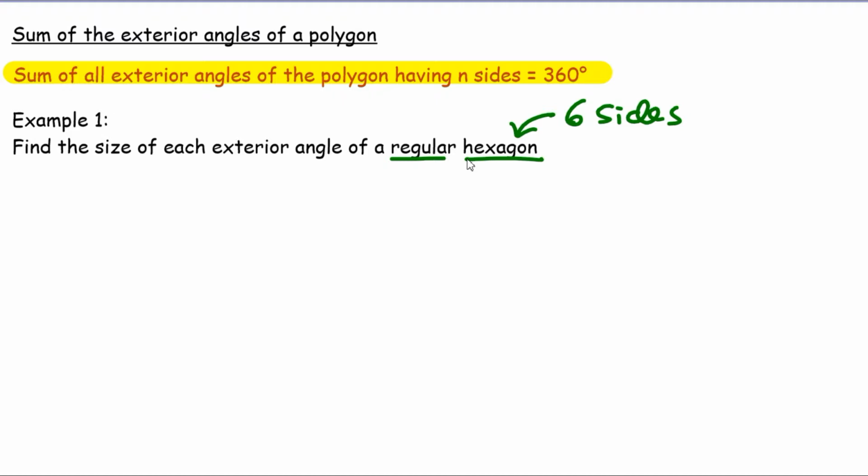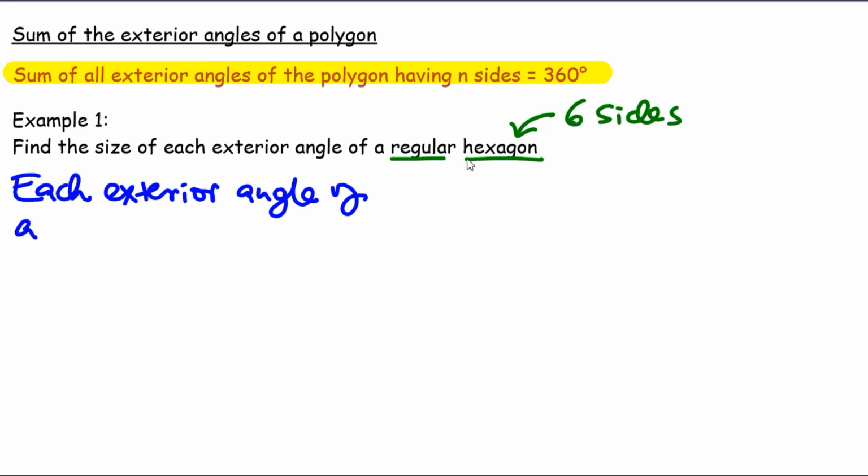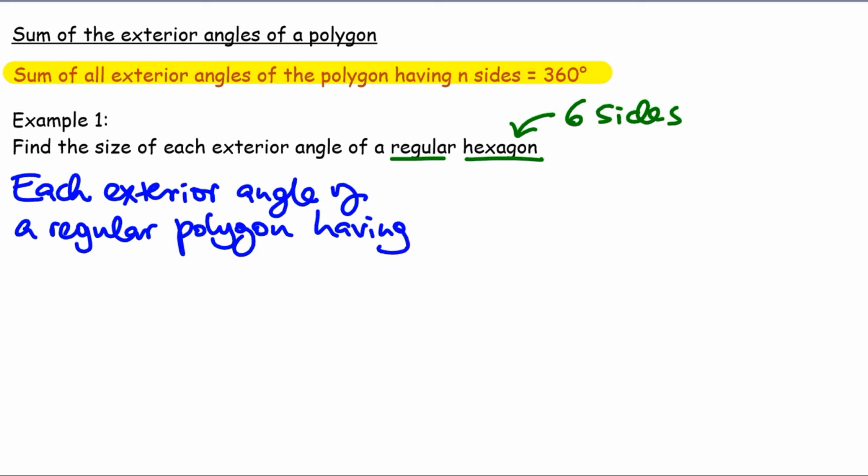In fact, let's start by generalizing a formula, by saying that each exterior angle of a regular polygon having n sides will be equal to 360 divided by n.